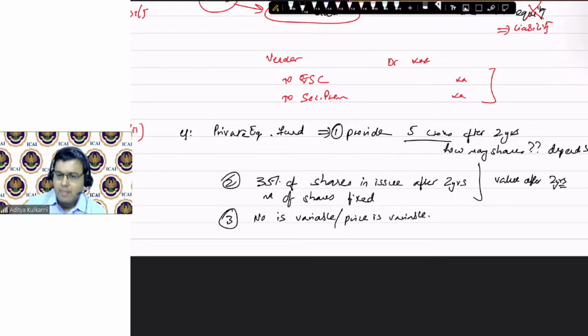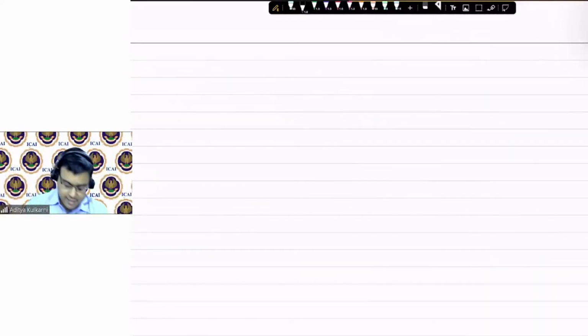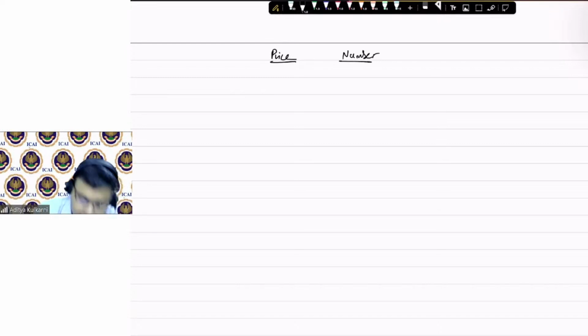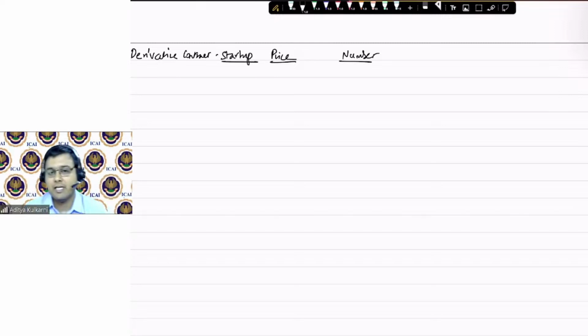So in all these three cases, what is the nature? I am having price, I am having number. Two determinants to own equity instruments. I am a startup, remember. So for the startup, this is a derivative contract. I am in the books of the startup. Okay.